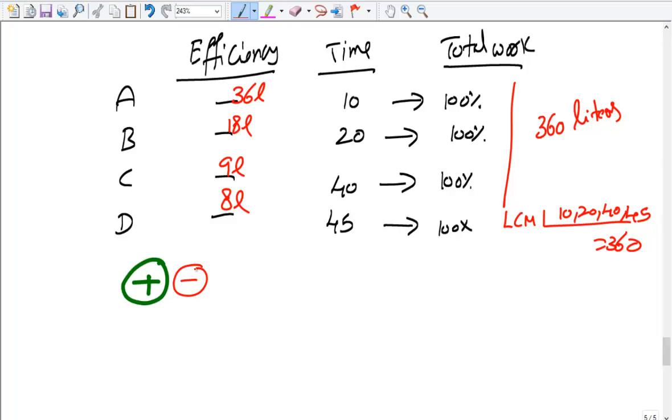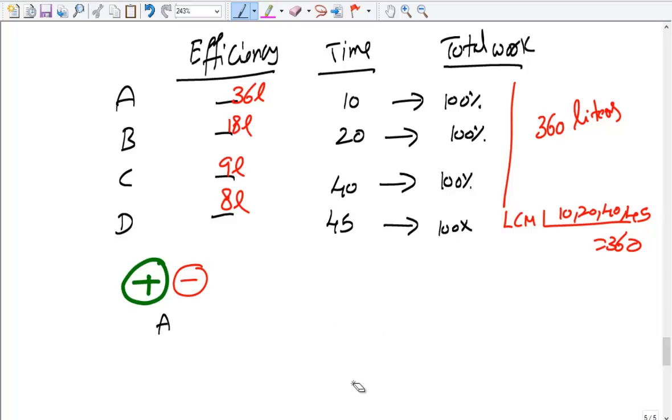If A and B work together, that's going to be 18 liters, and then C minus D, that's going to be 1 liter. If A and B together is 18 liters and C and D together is 1 liter, then C and D take 18 times more. So that's ruled out. We need only 3 1/9.